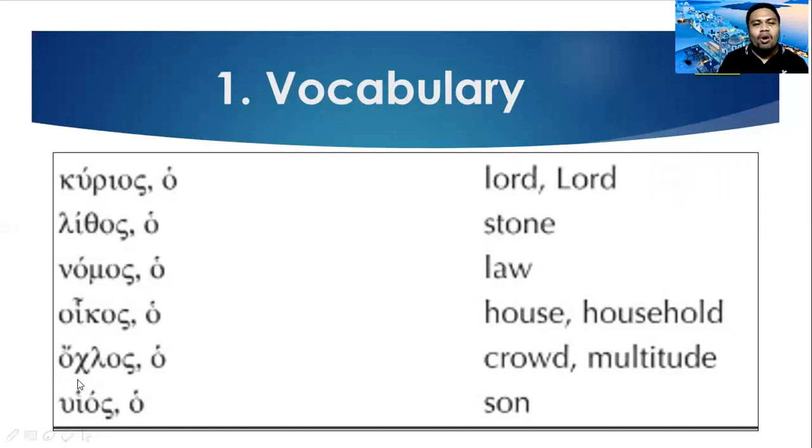Next, we have the word oklos. Oklos. It means crowd or multitude. And the last word is huios. Huios. This is a rough breathing, that's why you read it with letter H. Huios. It means son.